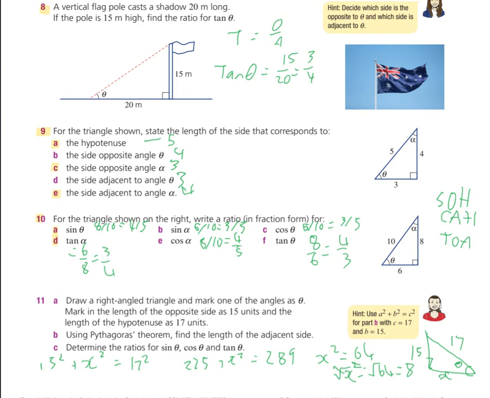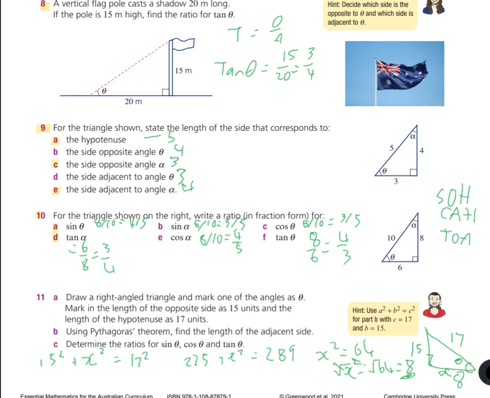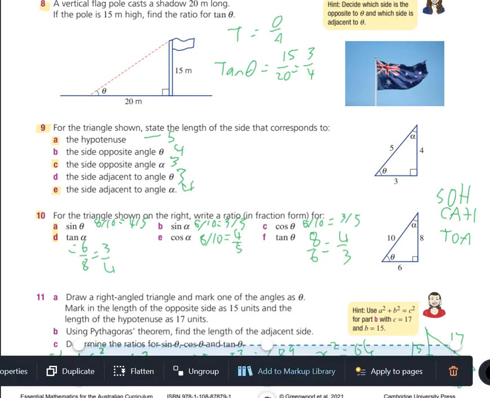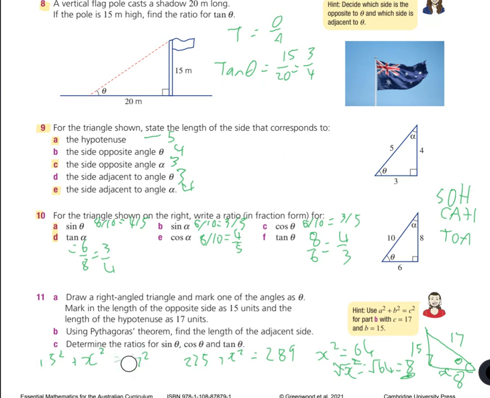Alright, find the length of the adjacent side. So we just did that. It's 8. That side is 8. And determine the ratios for sine theta, cos theta, and tan theta. So I'm just going to get my eraser and rub out a lot. Now I've got room to do my writing. Okay, so sine theta.